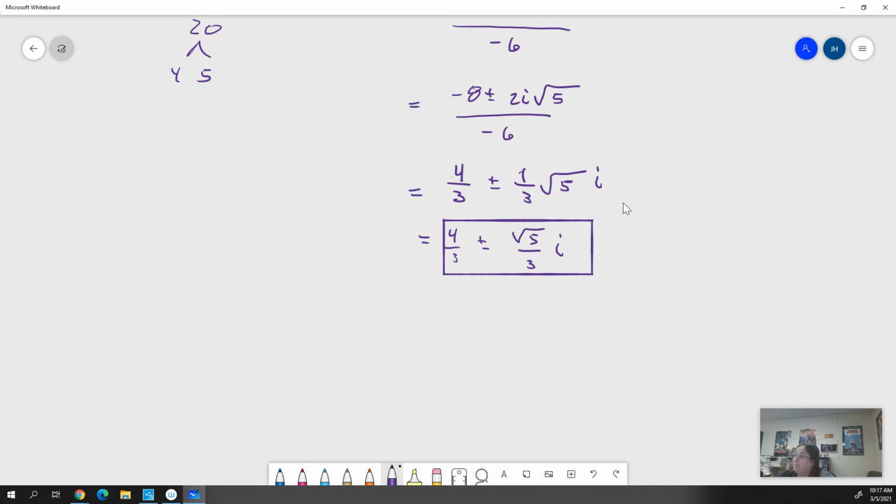Here's the thing though, because we're dividing everything by 2, we could have also written it as 4 plus or minus i radical 5 over 3. Which one of these is more correct? Probably this one, but I would call them pretty equal in their correctness.